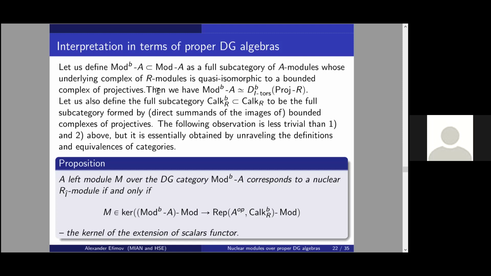It's not actually immediately obvious that it is the same as the definition which I mentioned earlier, but it's really what you get when you unravel the definition and try to express everything categorically.